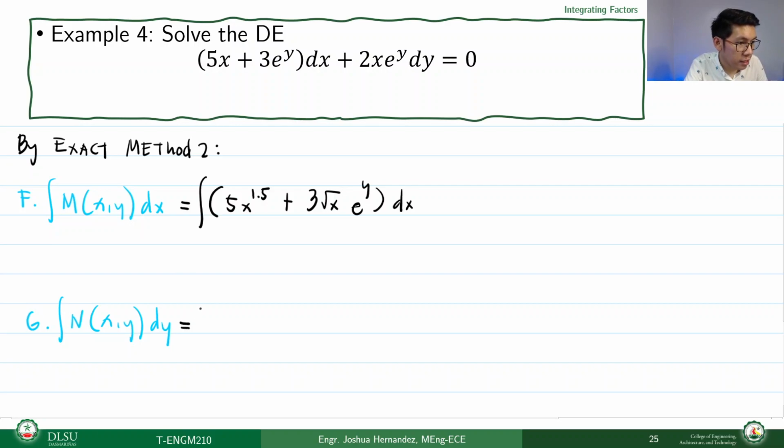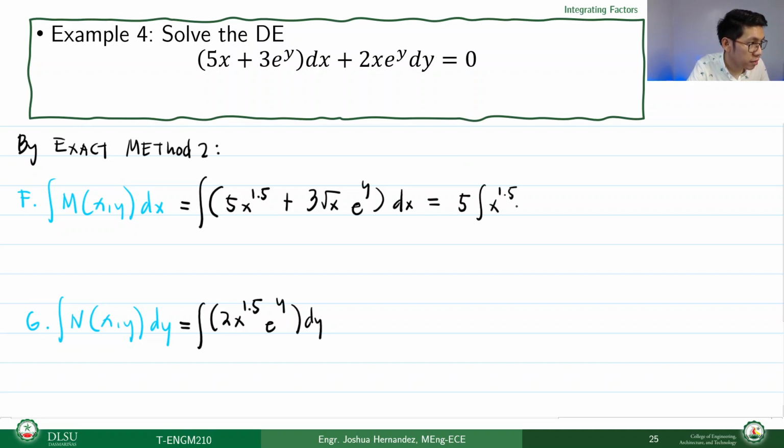And our n is the integral of 2x raised to 1.5 e to the y, dy. Integrating with respect to x, factoring out 5, we have x raised to 1.5 dx plus 3 e to the y square root of x dx.